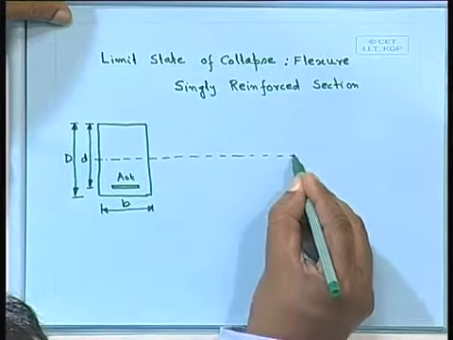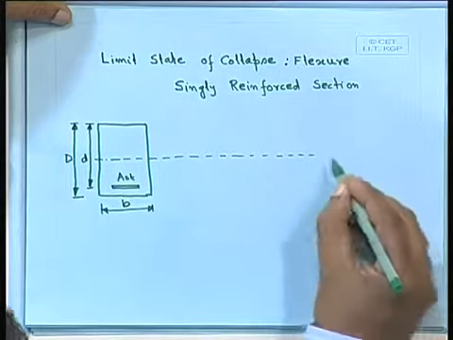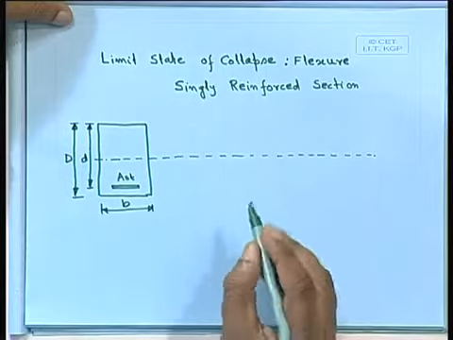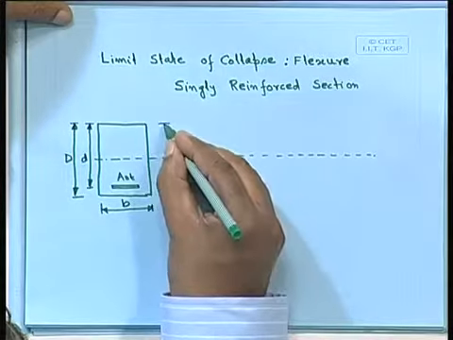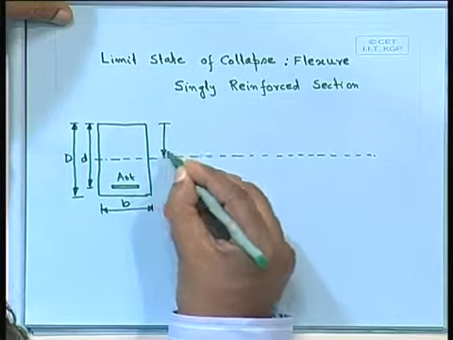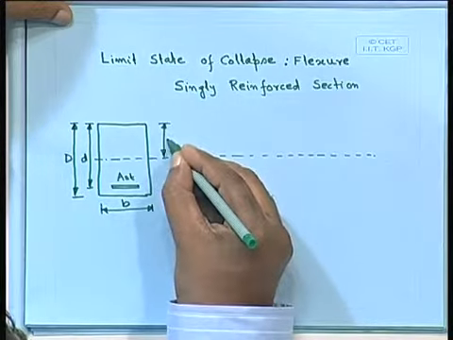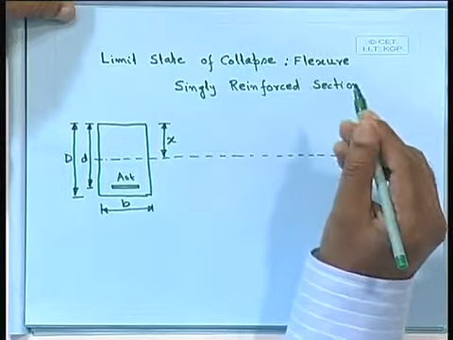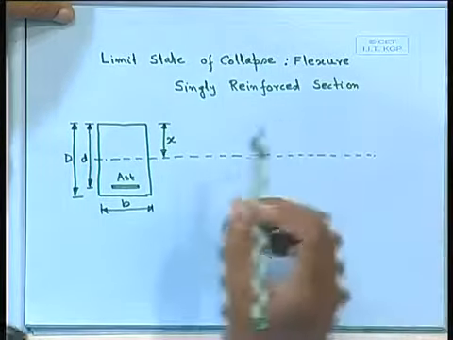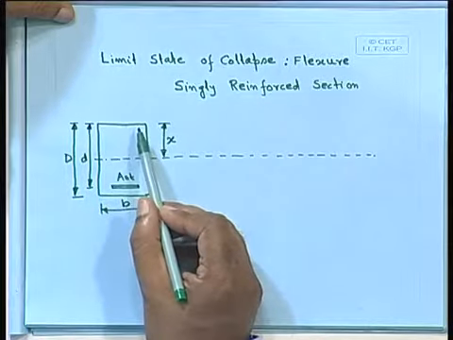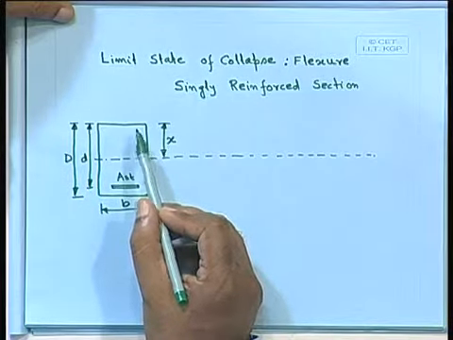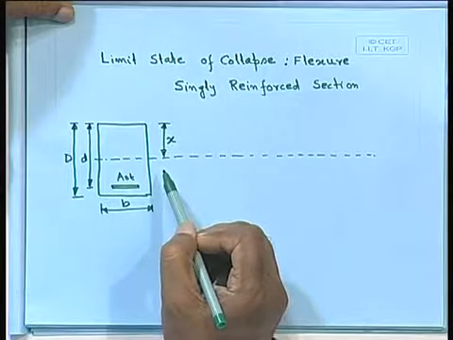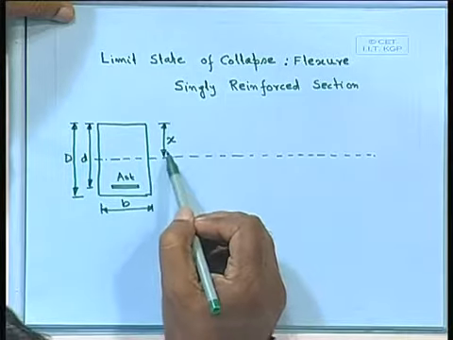Let us draw it here also, so that we can draw the stress strain curve. This is the neutral axis position from the maximum compressive stress. We shall get the compressive stress at the top fiber, that is maximum, and from there we measure the depth of the neutral axis, which is defined as x.